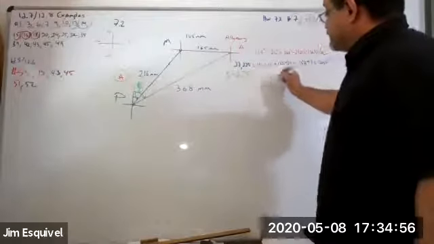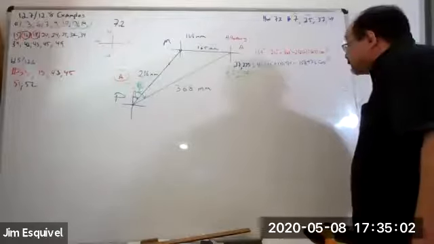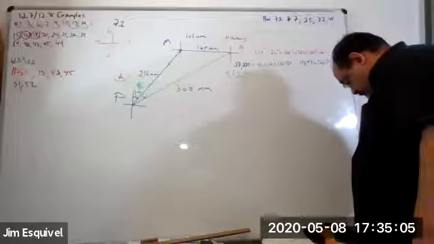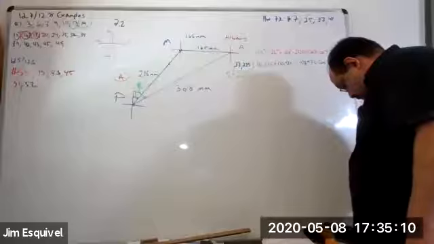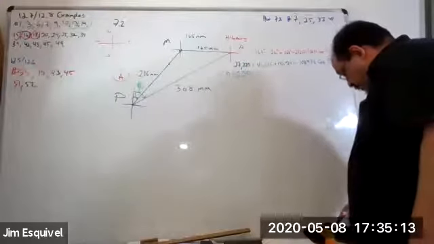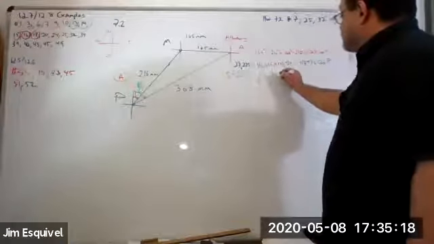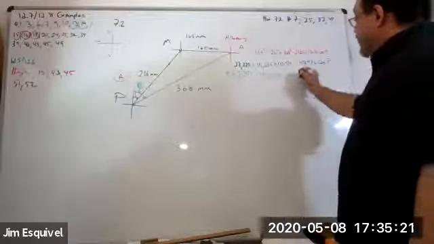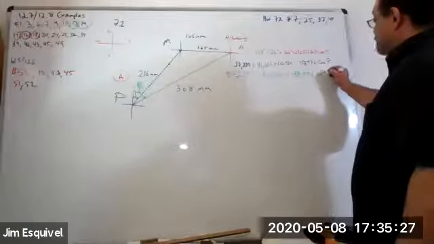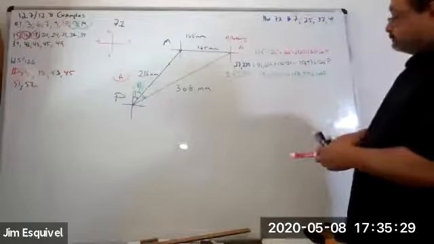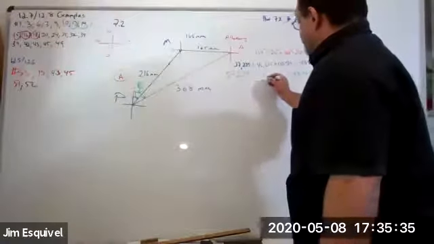27,225 equals, add these two together, that's 182,080, minus 158,976 cosine angle P. And now you subtract 182,080 from both sides.